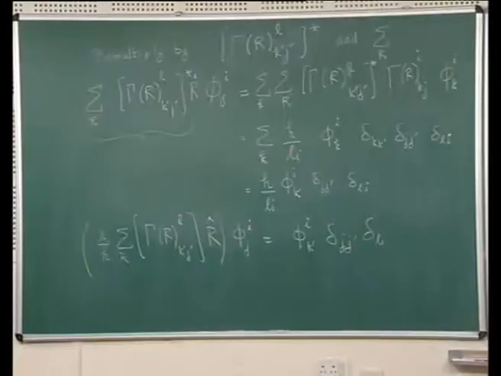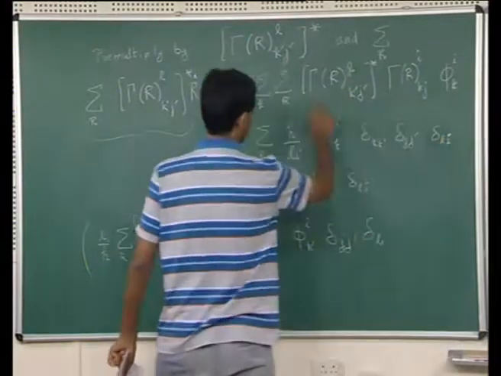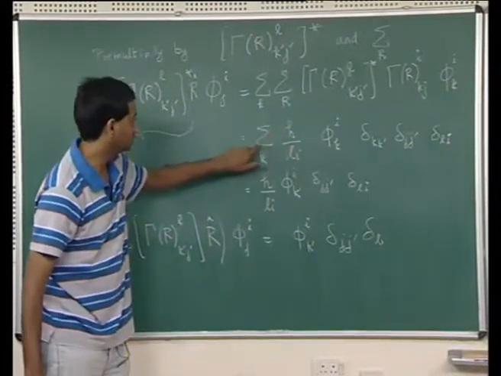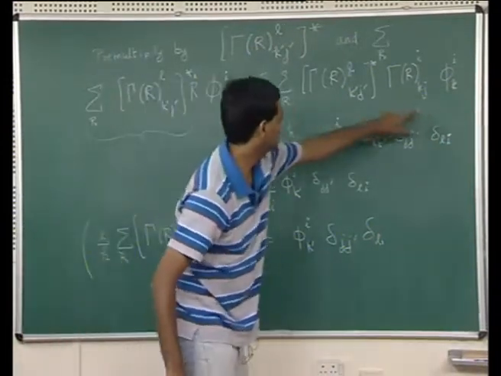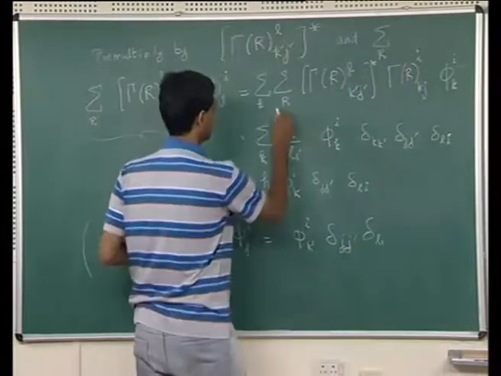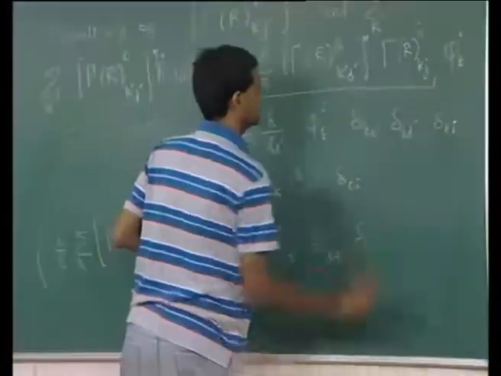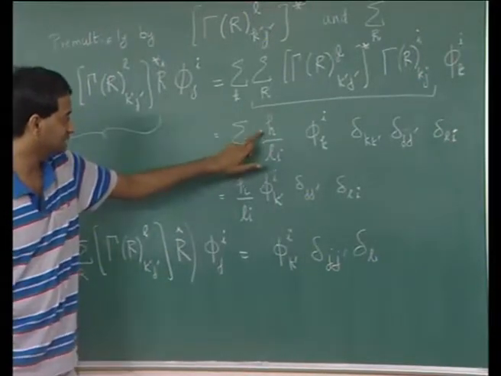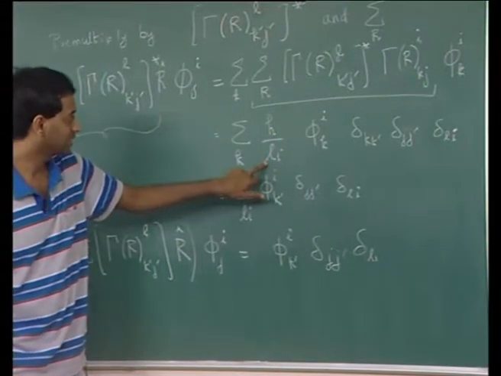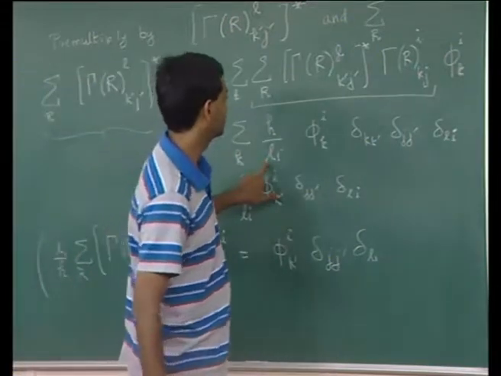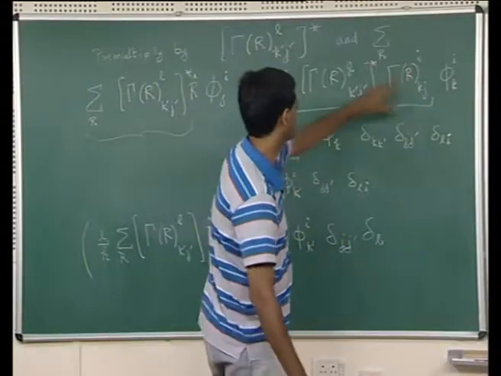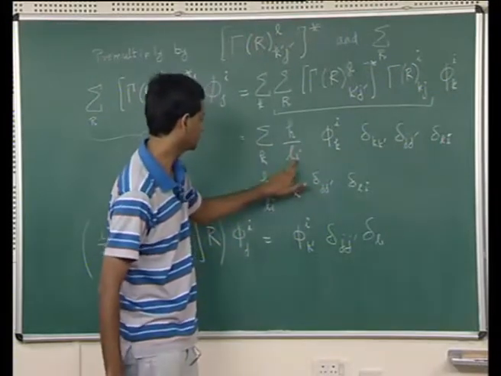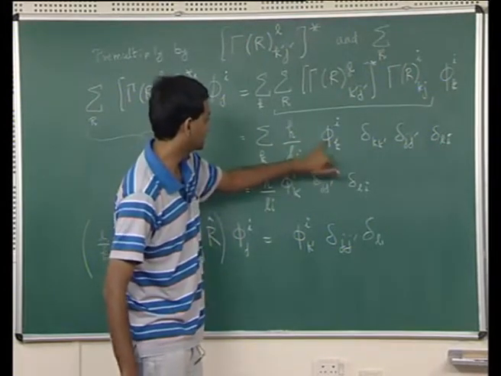Now we can use the great orthogonality theorem for this, and this whole object can be simplified, and what you get is h by Li, where Li is the dimension of the ith irreducible representation, and then you get phi ki.